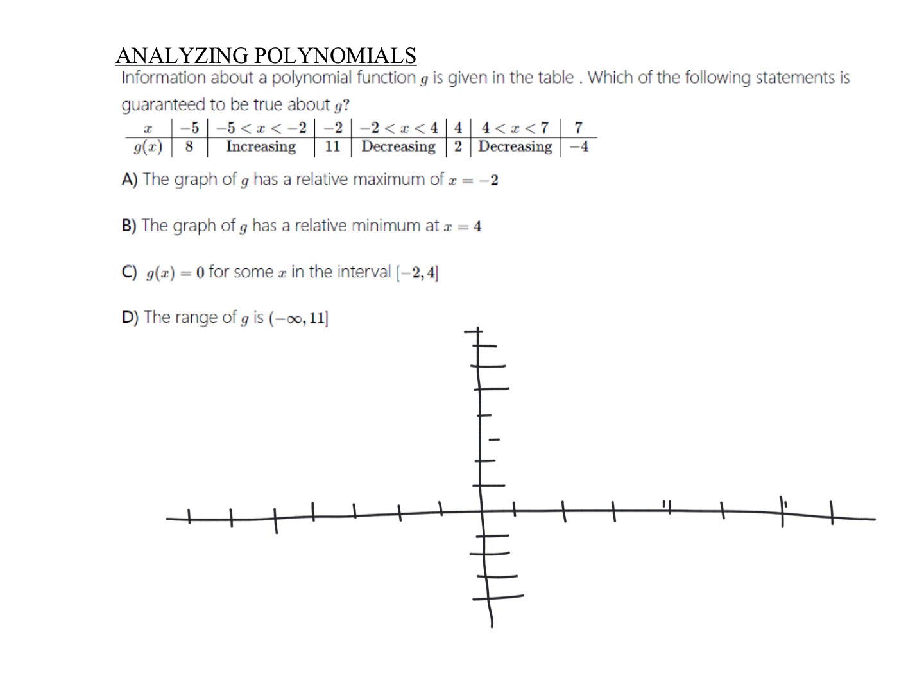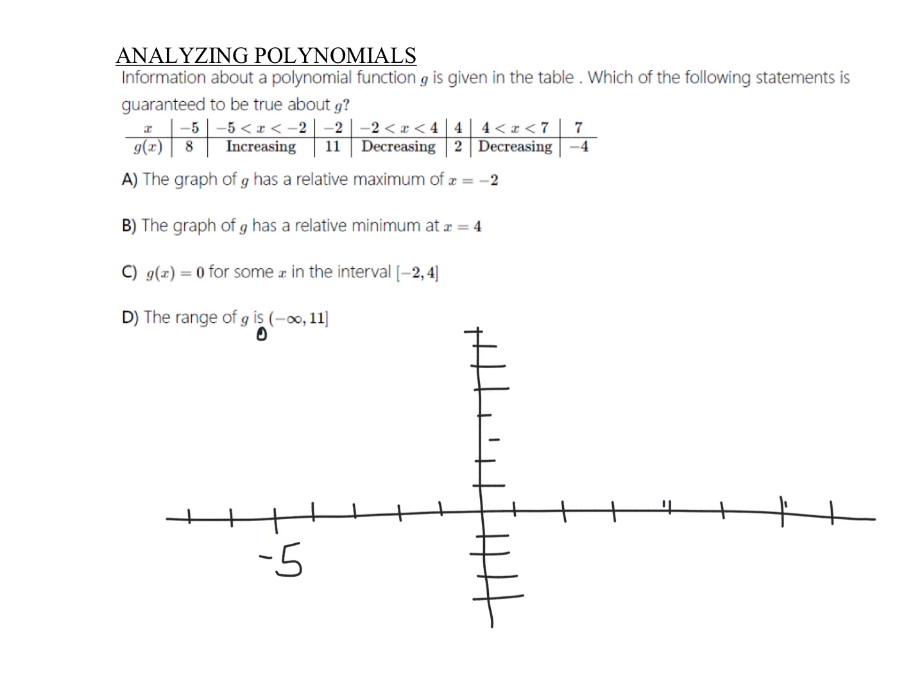I can read these statements, but they don't make much sense if I don't sketch. So I'm going to sketch what I have here. So I have negative 5, 8, then 1, 2, 3, 4, 5, negative 5, and this is just a sketch. So 1, 2, 3, 4, 5, 6, 7, 8.